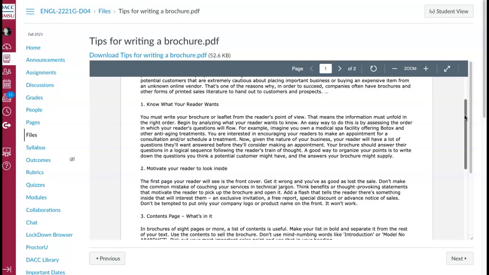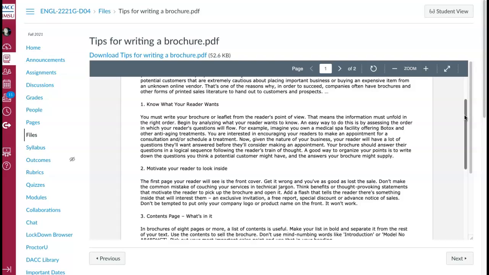For example, if you're going to highlight some points, you can put them in bullet point form. Or if you're going to cover some points that need to be in order, you can number them. Think about how you can make this appealing to your reader, but also easy for them to read so that they can understand it.